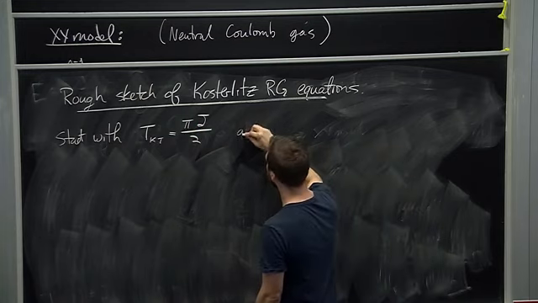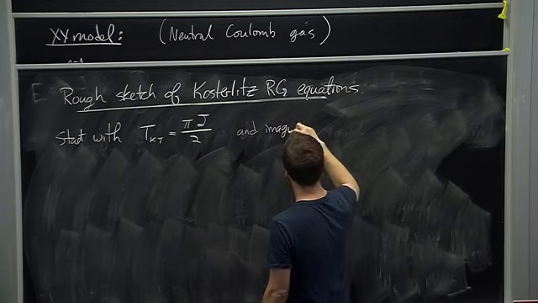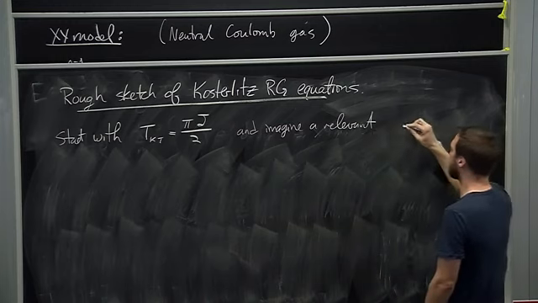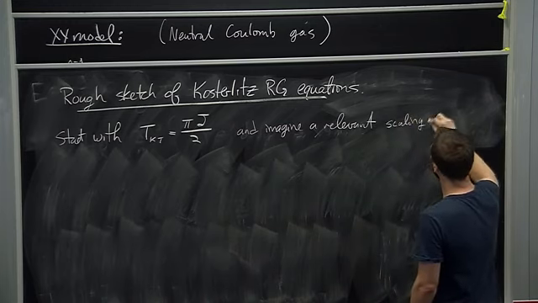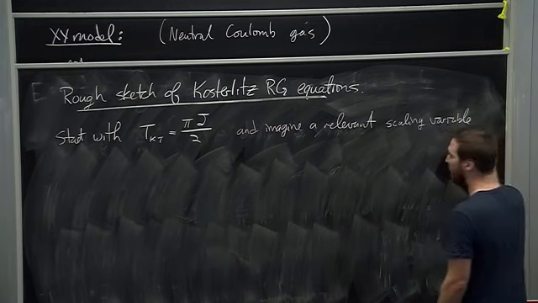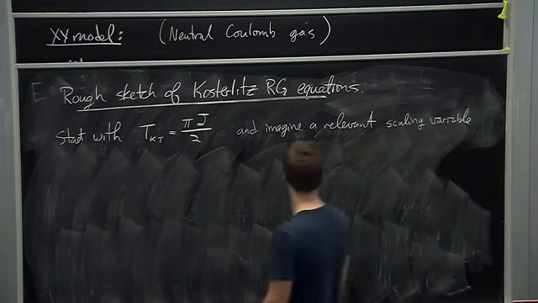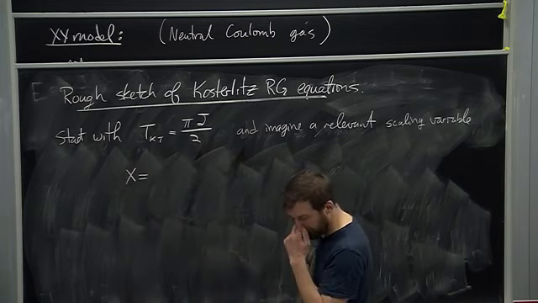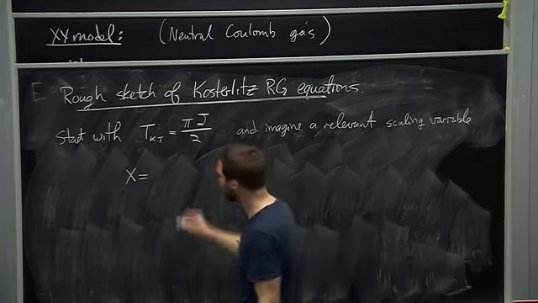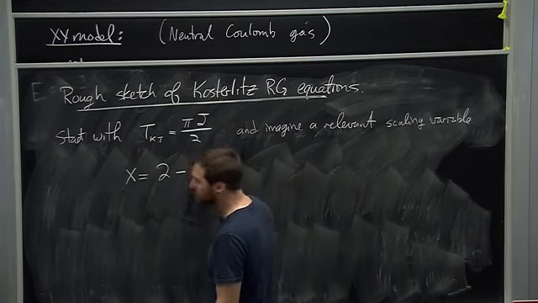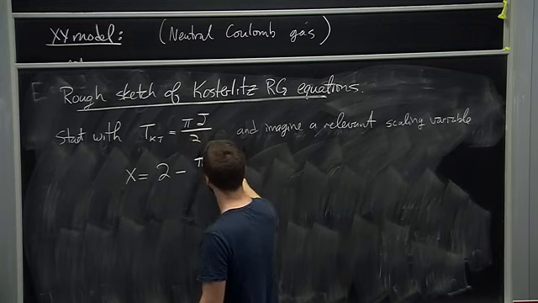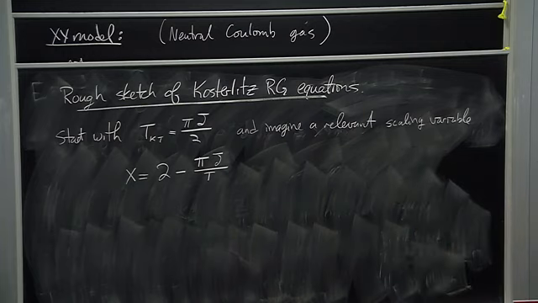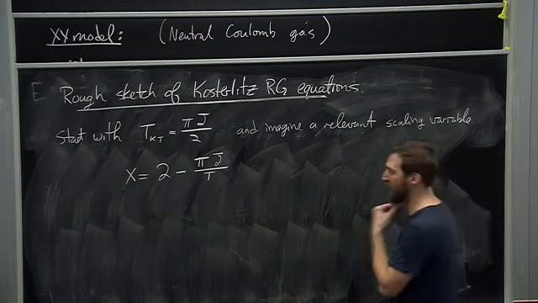And so let me just imagine constructing a relevant scaling variable somehow that measures the distance from the Kosterlitz-Thouless transition to, so let me, pi j. Okay. So x vanishes at the fixed point.